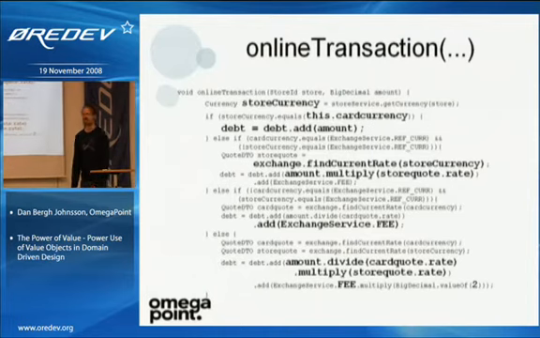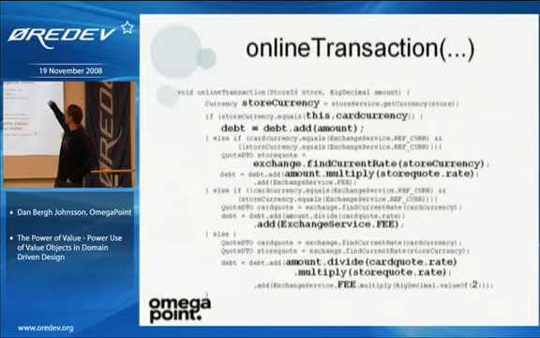No big issue. However, if they are different, but one of them is the reference currency, in this case, the card currency is the reference currency, euro, then we'll have to exchange it by multiplying the amount by the rate of the store quote.